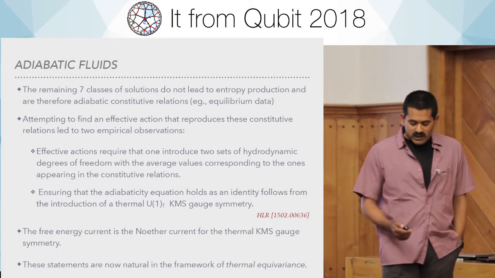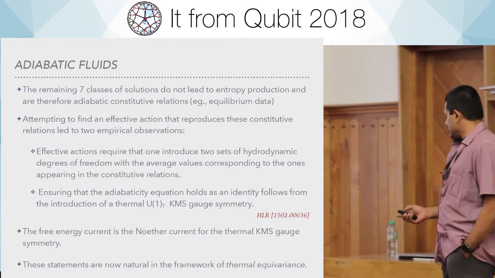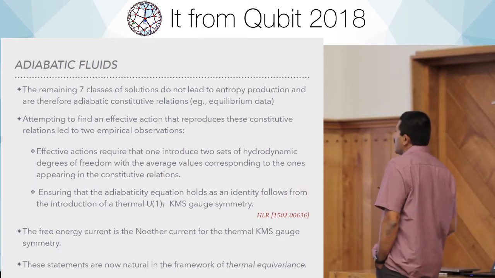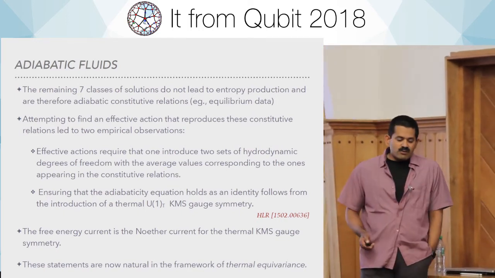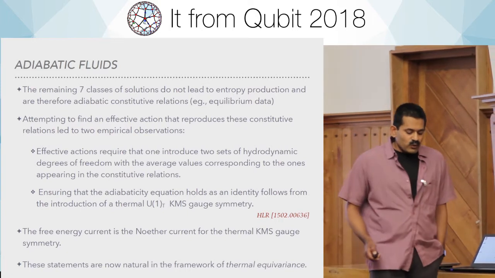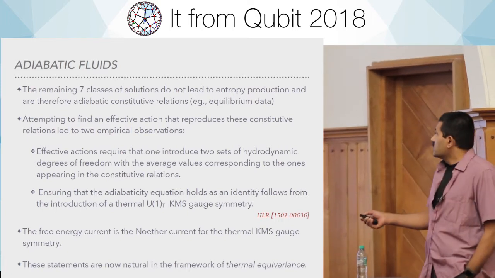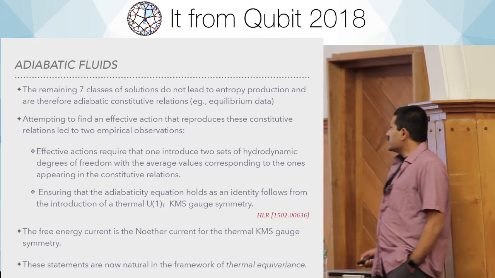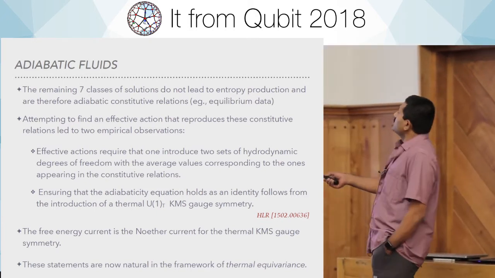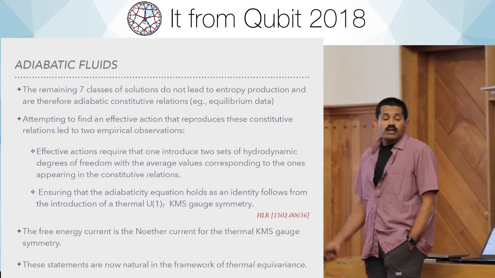The homogeneous equation, where delta is 0, turns out to have non-trivial structure, and the details are not important. It turns out that the classes of solutions include the hydrostatic case that I discussed before, but they include 7 other classes that do not lead to entropy production.